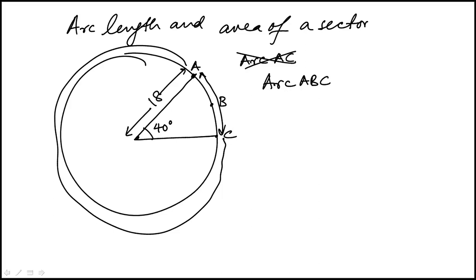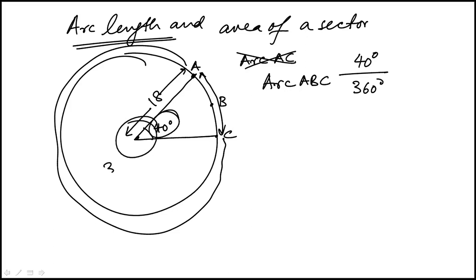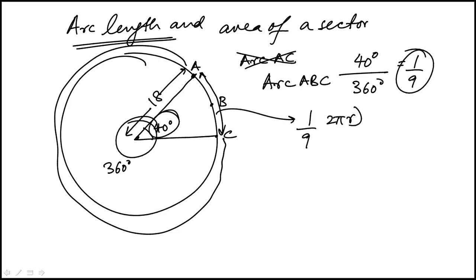And let's say the radius is 18. So the way to find the length, the first part is the arc length, or length of this curved portion. You first find this angle, 40 degrees, as a fraction of 360, because 360 refers to the entire angle. And that's 1/9. And then the arc length would just be 1/9 of the circumference of that circle.